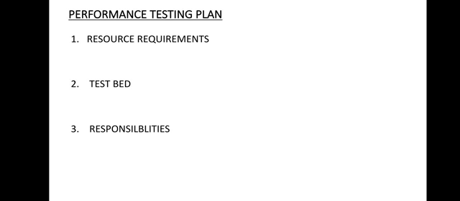When we talk about the third point of the plan, that is responsibilities: you know what performance defects are. These defects can change the architecture, design and code. So we have to take the responsibility of choosing the right things.